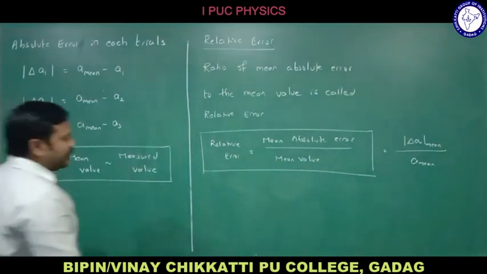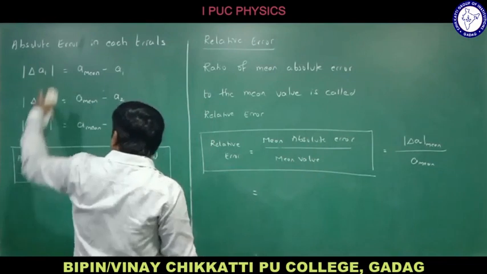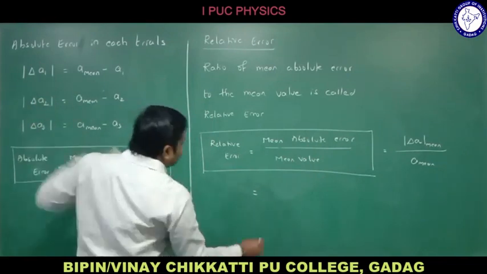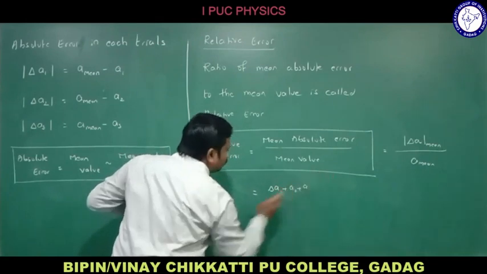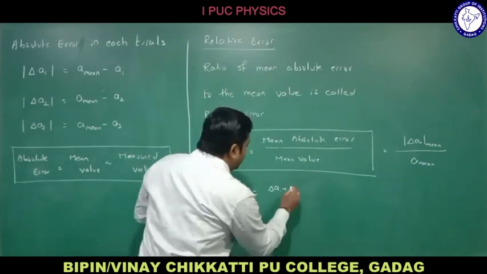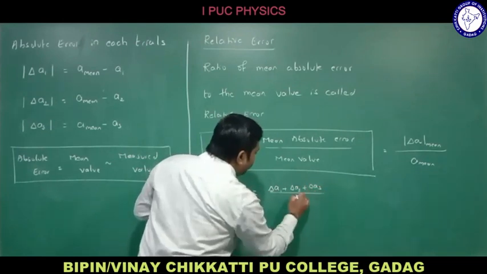Let me write how to calculate the mean absolute error. You need to take the mean of these absolute errors. So delta A1 plus delta A2 plus delta A3, divided by 3.